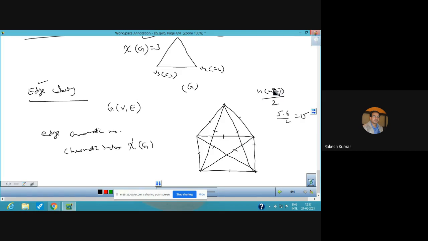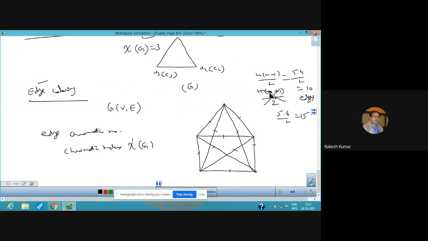Sorry, we have used the wrong formula. The formula is n into n minus 1 over 2. So 5 into 4 upon 2, so 10 edges should be there. The maximum number of edges in the complete graph is 10. So we have been able to calculate the number of edges.